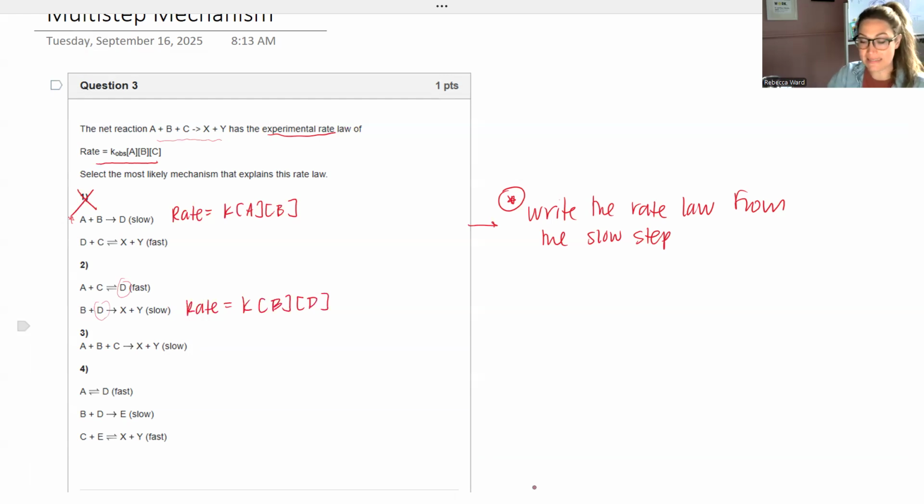So I need to rewrite D, and I'm going to use the equilibrium method for that. This first step is fast. These double arrows mean that we've come to an equilibrium and we have a constant concentration of D that is determined by our concentration of A and C. So I'm going to write out my equilibrium method.